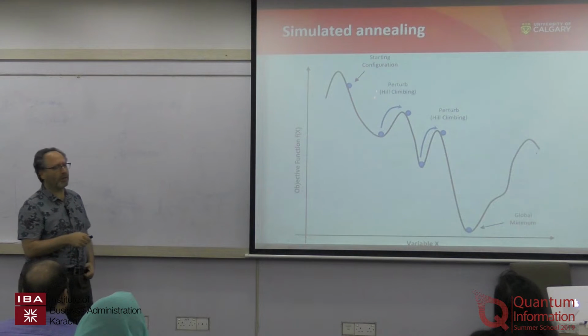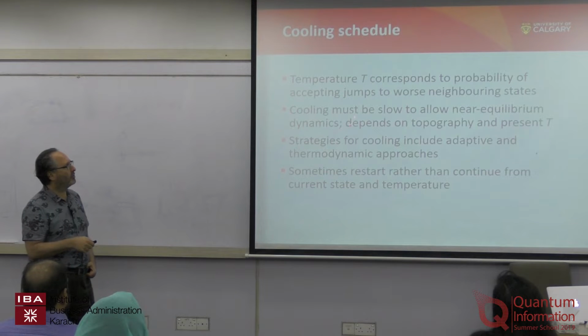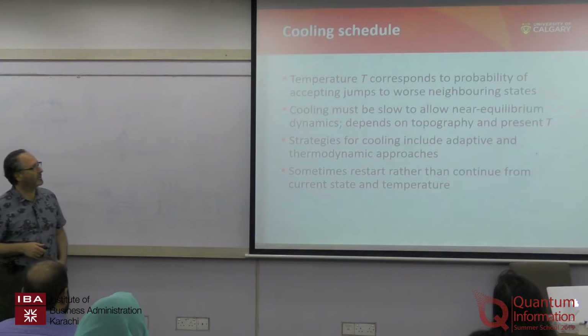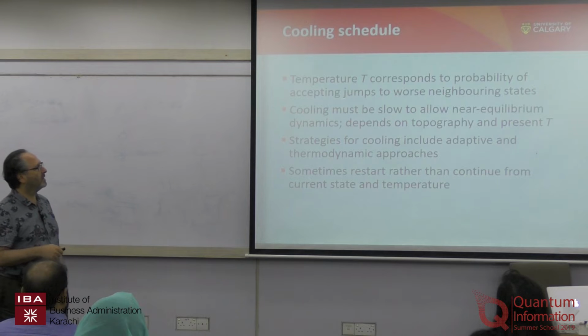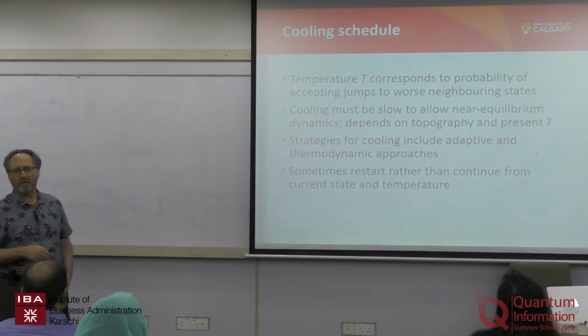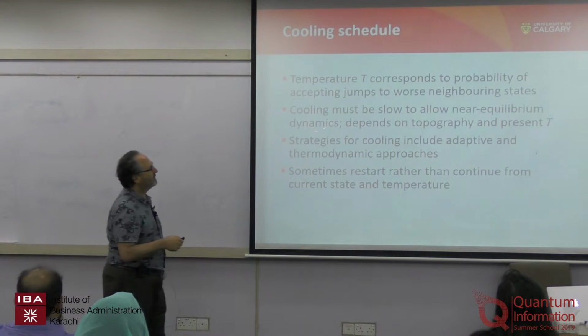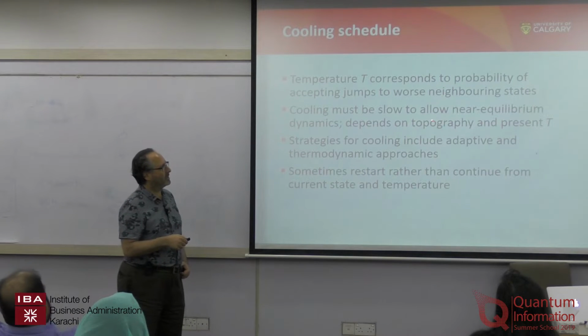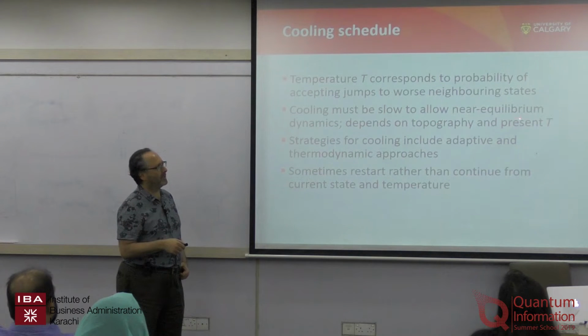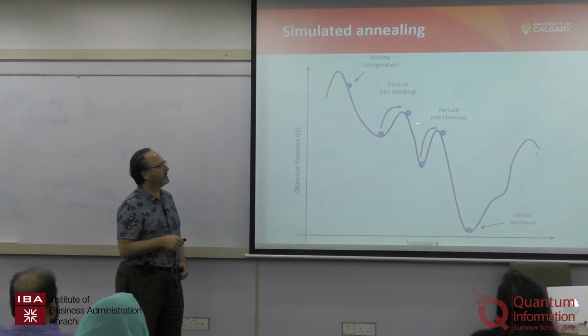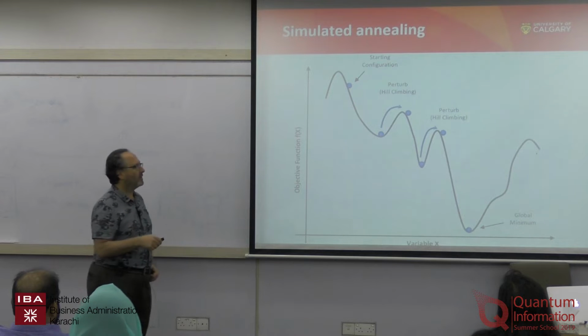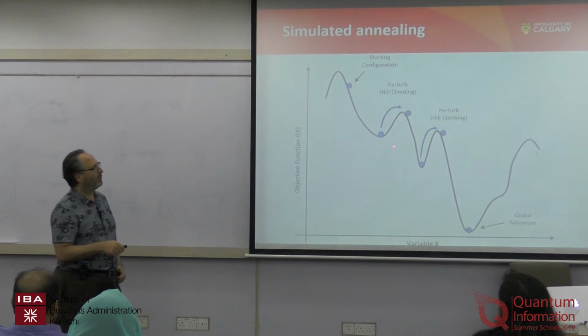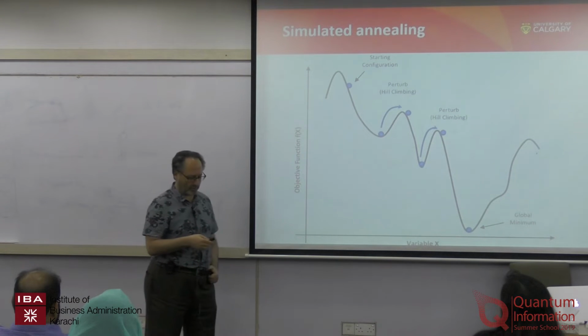It needs to equilibrate, so the cooling has to be done slowly in order to allow near equilibrium dynamics. Not rigorously proven, but the idea is it must be able to do it. And I say it depends on the topography and the present temperature T, which means that, I'm going to call this a landscape, you don't know the landscape, but steep jumps like that and shallow jumps contribute to different needs for cooling.